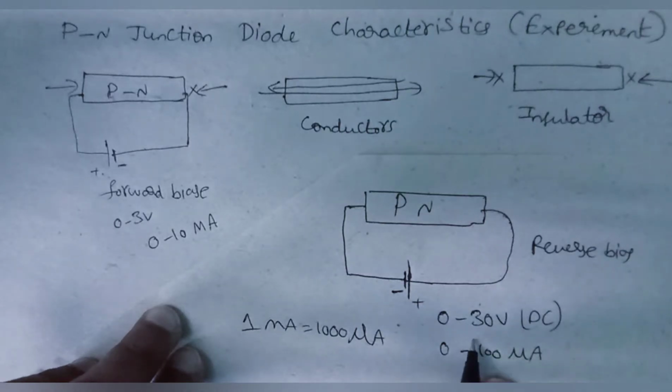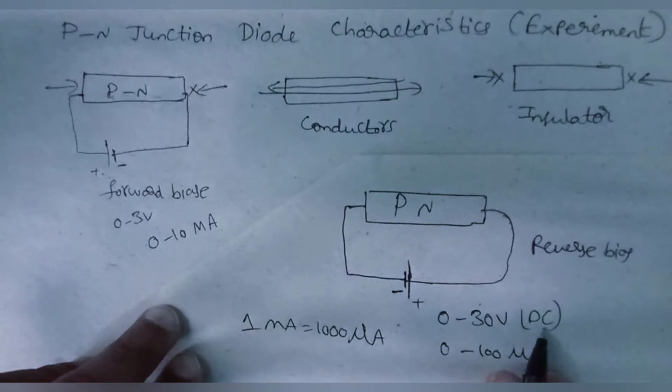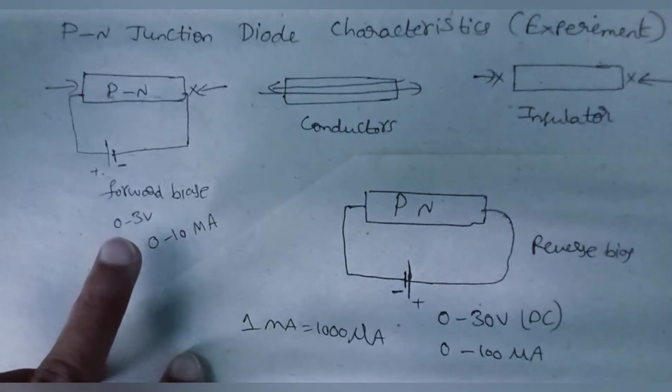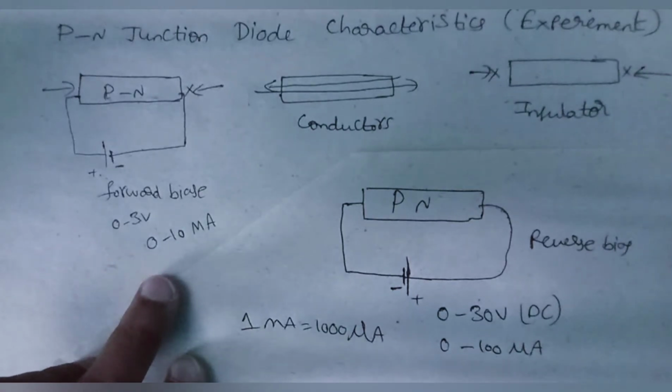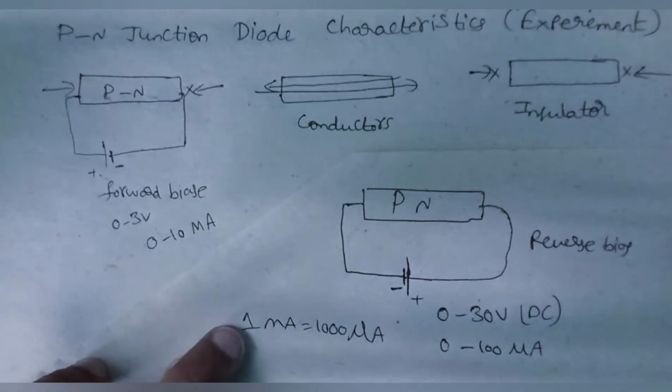Here we are supplying very large voltage 0 to 30 volts DC, but we are getting only negligible current 0 to 100 microamperes. So now we are going to do the connections and we observe the variations between voltage and current in forward bias and reverse bias.